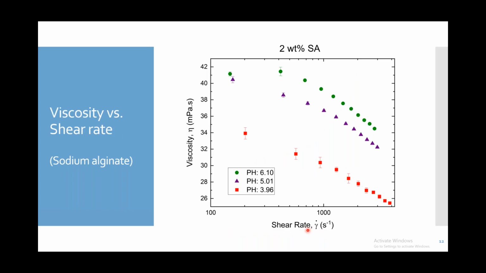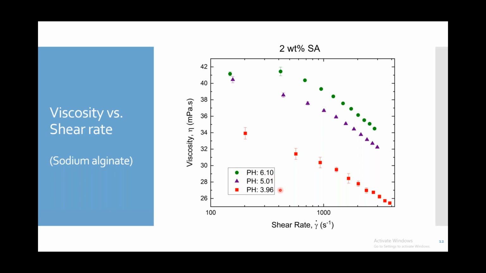After evaluating the effect of concentration, we proceeded to study the effect of pH on viscosity and shear thinning behavior of sodium alginate. This figure shows the average viscosity as a function of shear rate for 3 sodium alginate solutions with varying pH values of 6.1, 5, and 3.9.